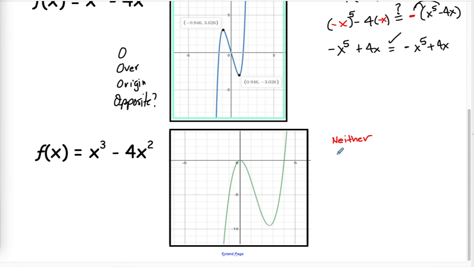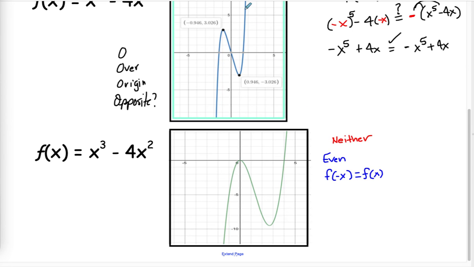So once again, if I were to start with the even first, you would have to prove that it's neither even nor odd. So even was, when I put negative x in, I get the same thing back. That makes it even.